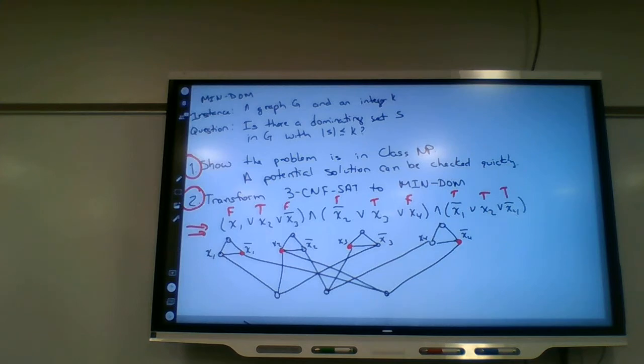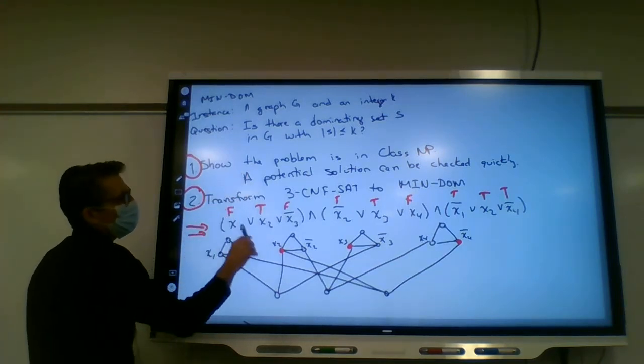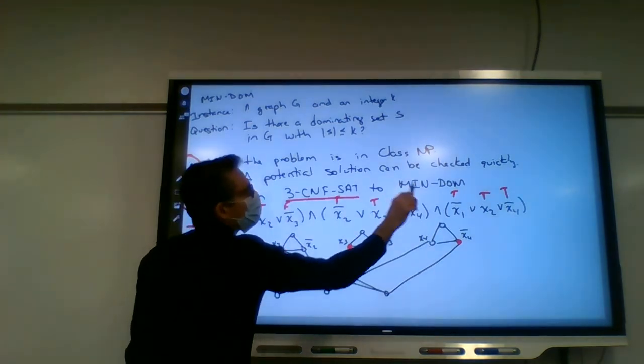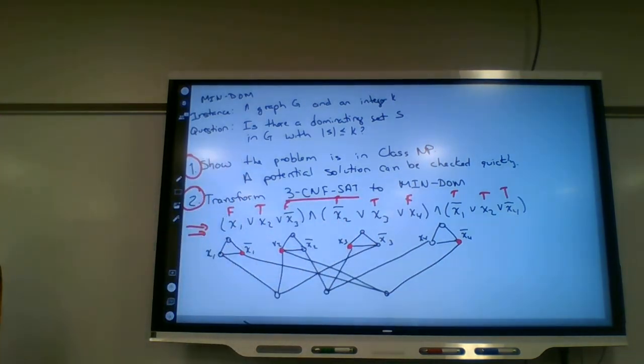Some of them are really complicated. Some, there are no pictures that go with it. Some it's some other kind of way I'm describing. So there's just a variety of how you go about the transformation. But the behind-the-scenes process is the same. You take a hard problem that we know is hard, and we turn it into our problem.